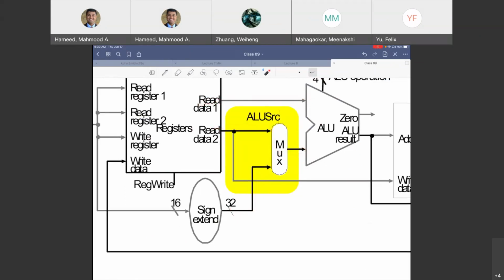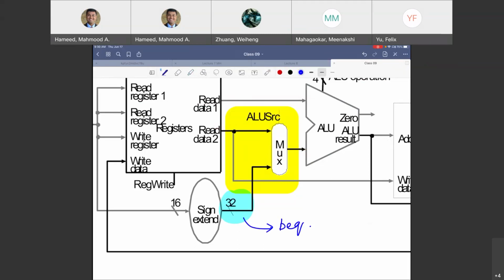Can you think of an instruction in which I may have to choose this guy as the ALU source? Not type, just give me an instruction. Which instruction I may have to do this? Branch instruction. All right, branch instruction.